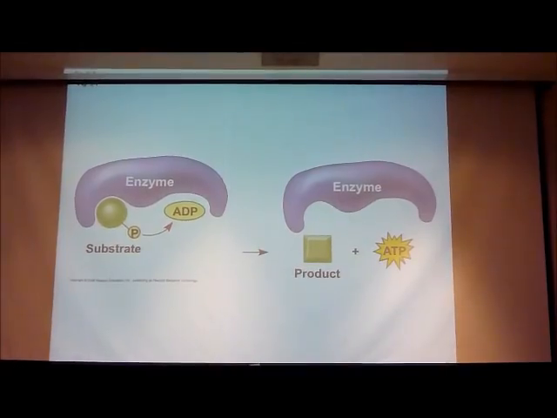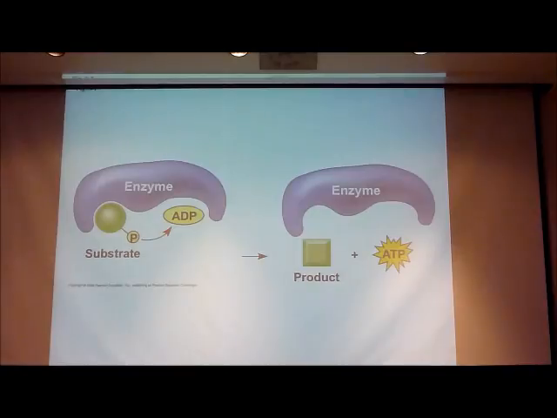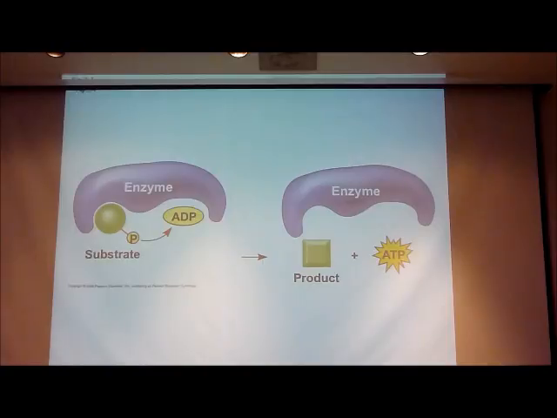So what we're going to see with glycolysis is that we have what's known as an energy investment phase, where we actually have to use ATP before we can start making ATP. So this is substrate level phosphorylation, and it's only performed by glycolysis and the citric acid cycle, not oxidative phosphorylation.